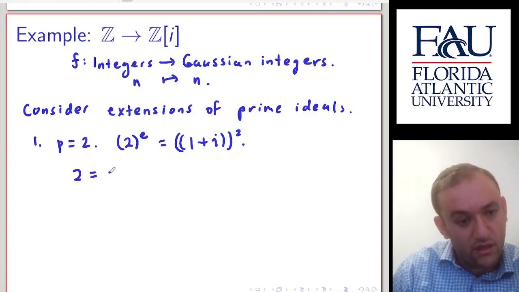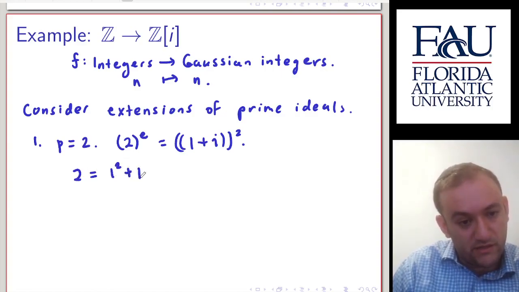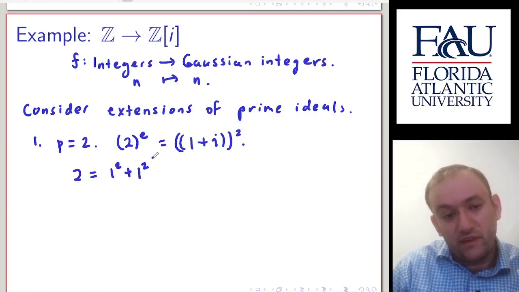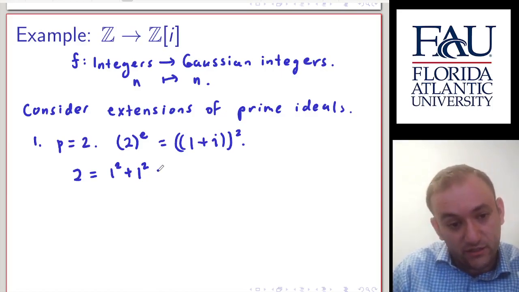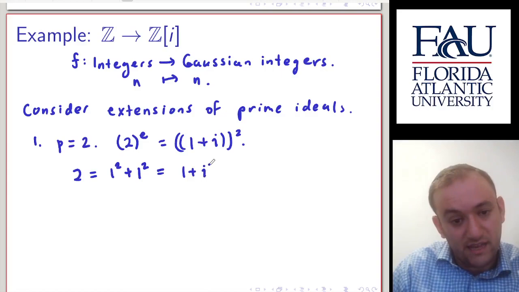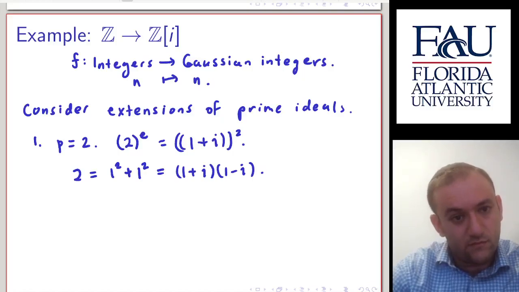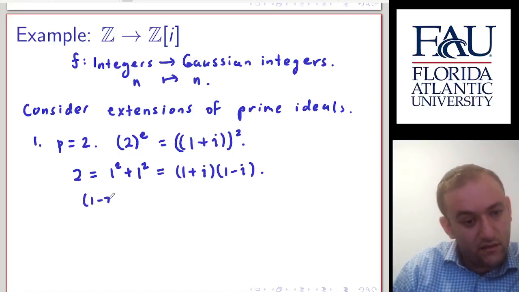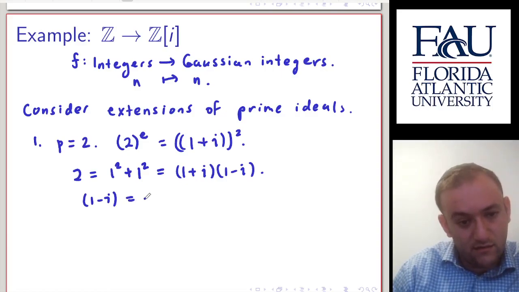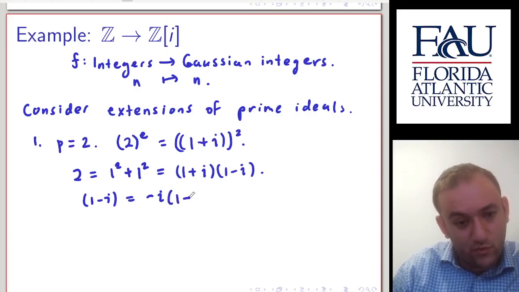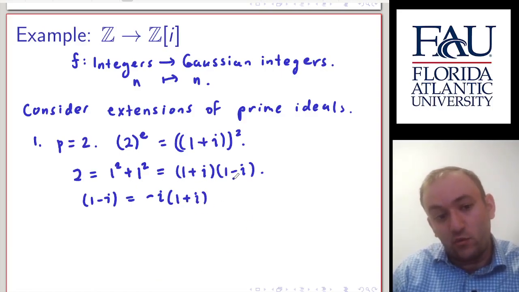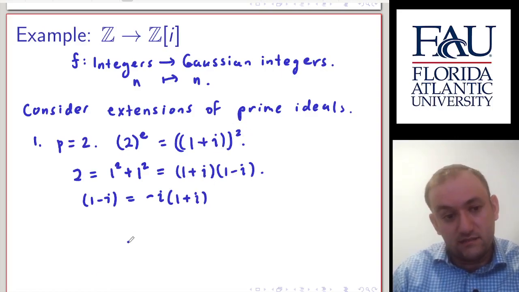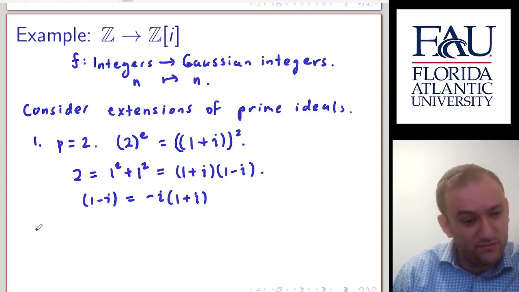Well, 2 is a sum of two squares, 1 squared plus 1 squared. And because in the Gaussian integers sums of squares can be factored, this is the same as (1 plus i) times (1 minus i). 1 minus i can be written as minus i times 1 plus i. So both of these elements, 1 plus i and 1 minus i, are found in the ideal generated by 1 plus i. And that's what we get as the extension of the prime 2.